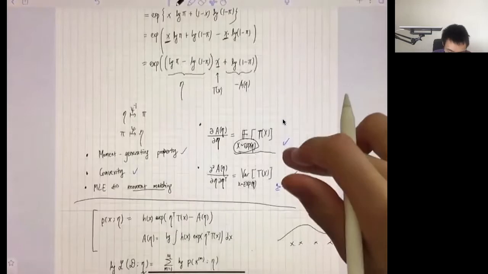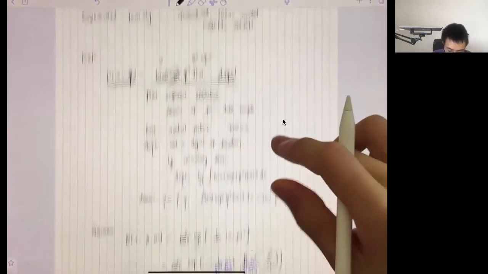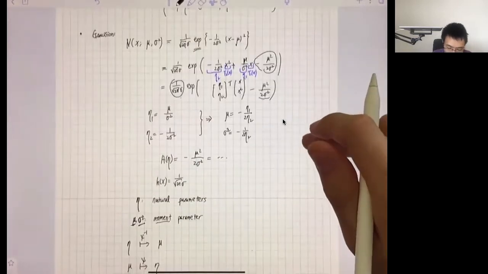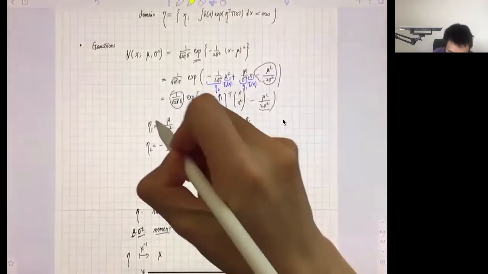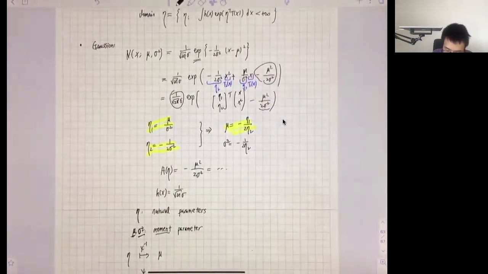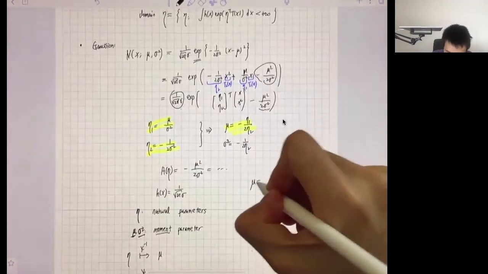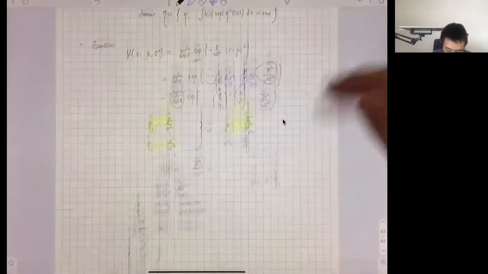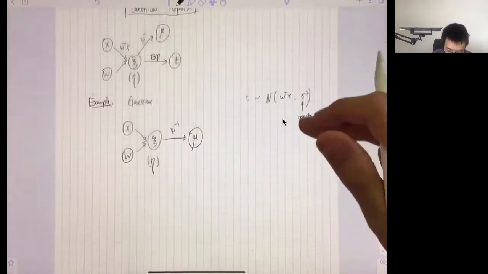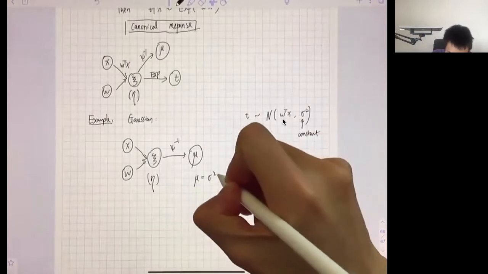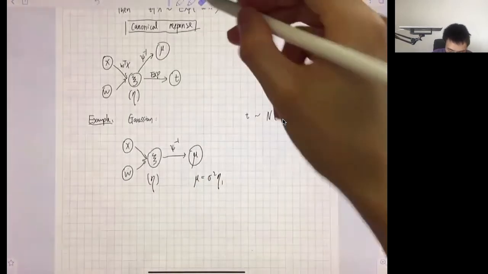Remember in the last lecture, we talked about the correspondence between the mean parameter and the natural parameter, and it's here. So mu is sigma squared eta 1, and eta 1 is just this eta.